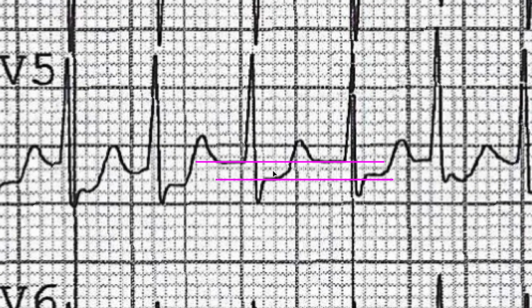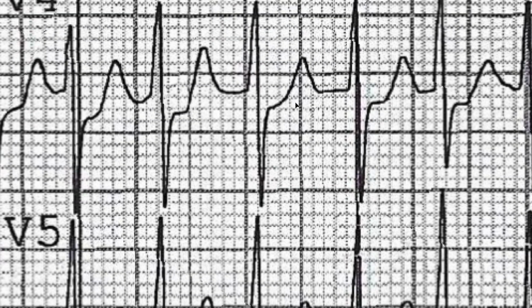The reason why I say this is ST depression and not just a waveform is that this ST depression is present in all of these beats. So look at this. This is V5. It's present here, here, here, here, and here. If we move up a lead, same thing. This would be your baseline roughly. Well, here it is.